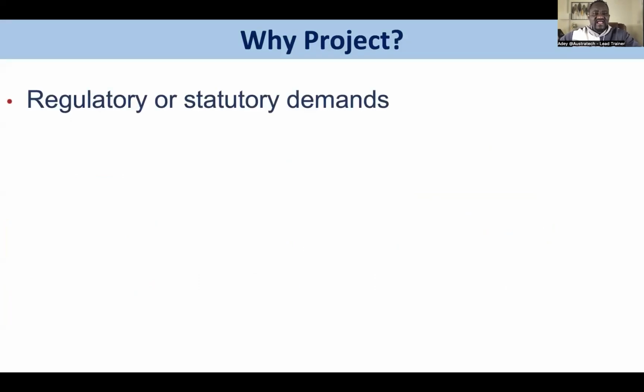Firstly, it could be anything around regulation or statutory demands. A lot of times, regulations can be imposed on organizations or statutes can be introduced that an organization needs to comply with within its own domain of operation, within the sector or industry it operates in. This is the challenge. A lot of times, when these regulations or statutes are introduced, organizations do not have the infrastructure, they do not have the processes established, they do not have the people skilled to support all these aspects.